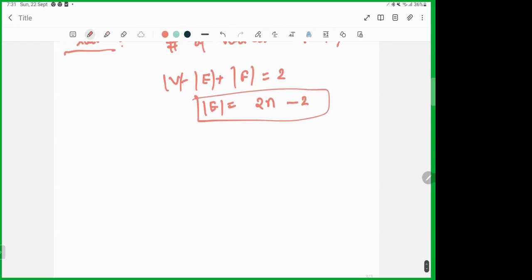So next problem, this is an easy one. Do you know outerplanar graphs? Okay, let me define.